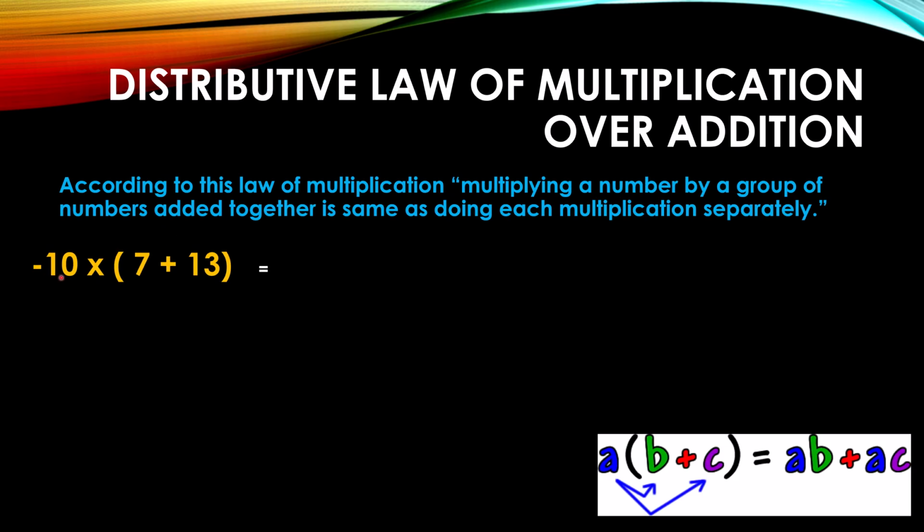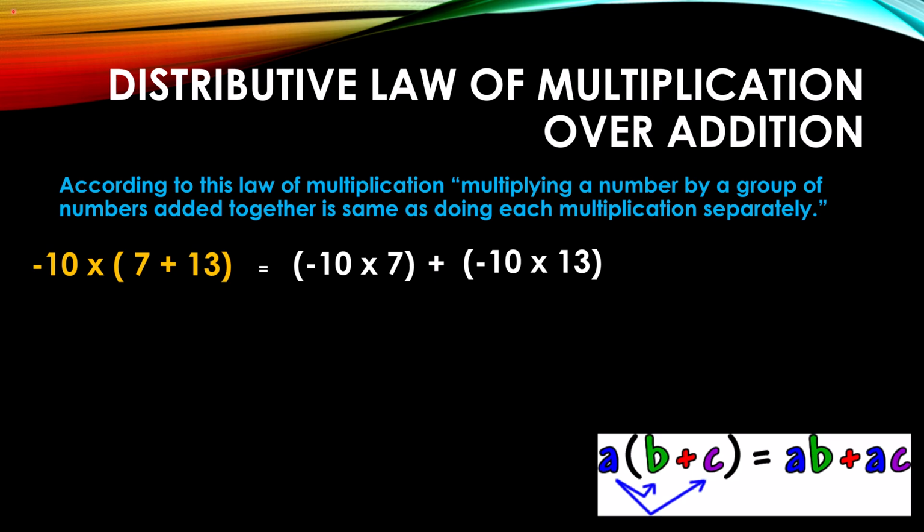It means negative 10 is multiplied by 7 and this negative 10 is also multiplied by 13. So our right hand side is negative 10 multiplied by 7 and negative 10 multiplied by 13, and the addition symbol will be in between these two terms.